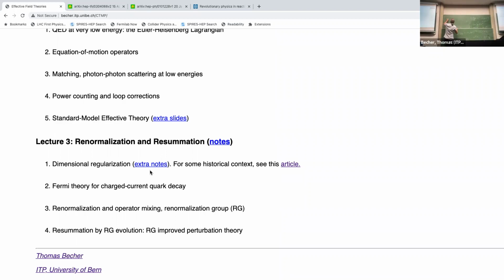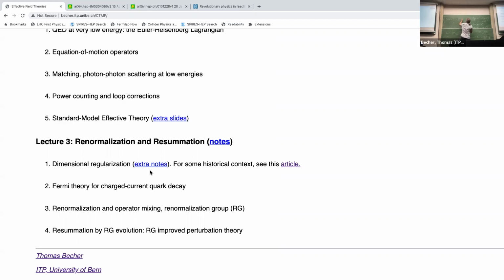So take the integral d^d k, and then k squared to the power n. Now I do a variable transformation: k goes to lambda times k prime. Each dk gives a power of lambda, so I get lambda to the d. Then I have to rewrite the k's as k primes, so more lambdas.